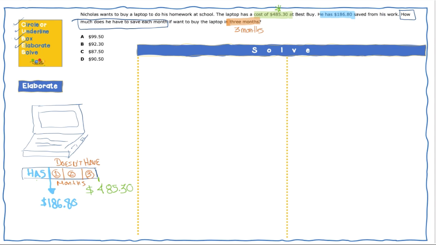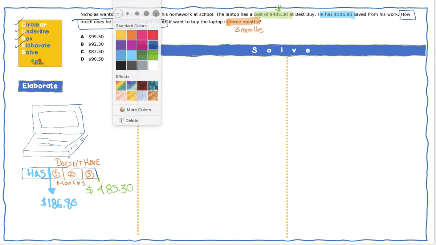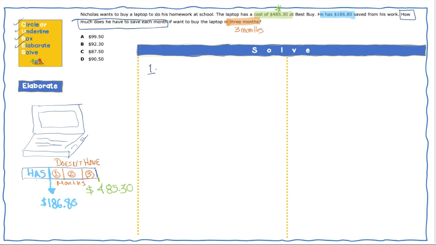For my operations, first, subtract the total, which is all the green. Remember, the whole rectangle, all the way from the beginning till the end, the whole price is 485 and 30 cents.